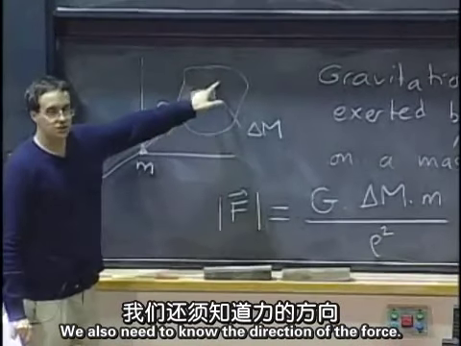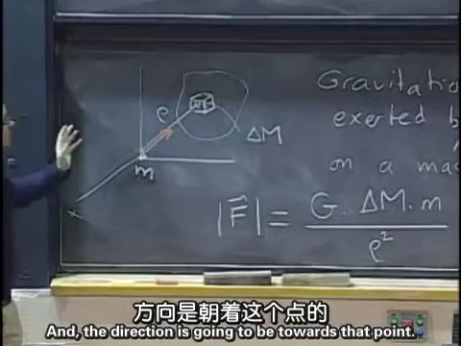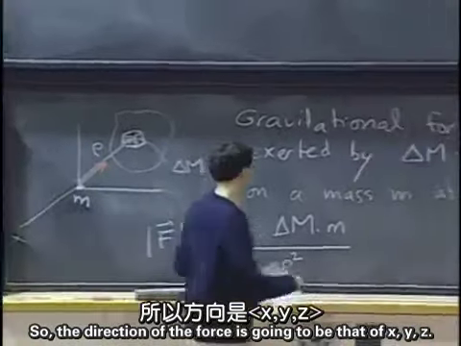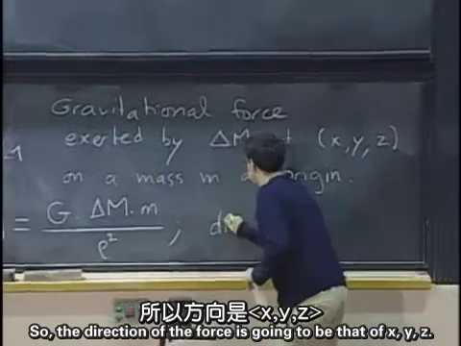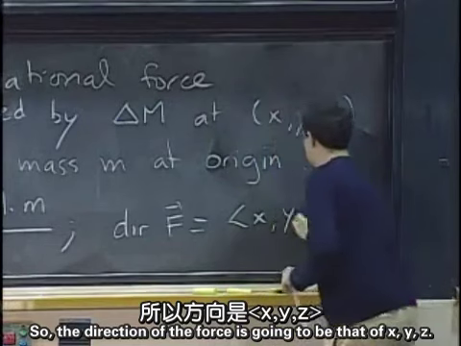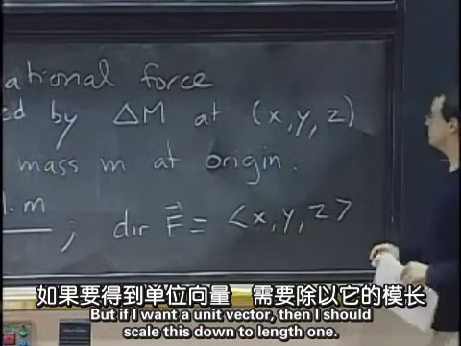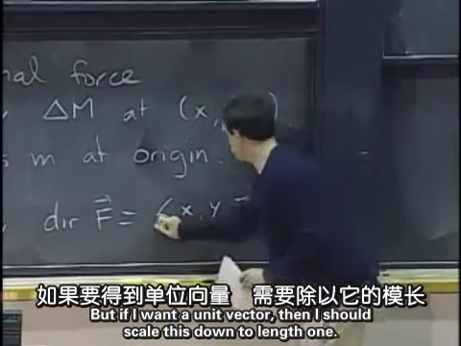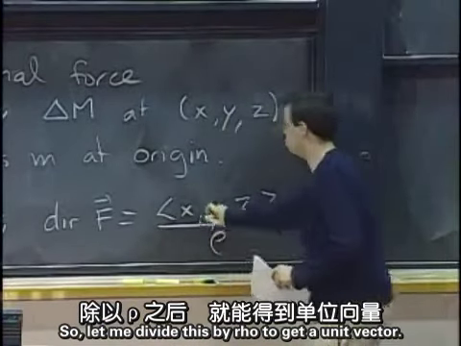We also need to know the direction of the force, and the direction is going to be towards that point. So the direction of the force is going to be that of xyz, but if I want a unit vector, then I should scale this down to length 1. So let me divide this by rho to get a unit vector.